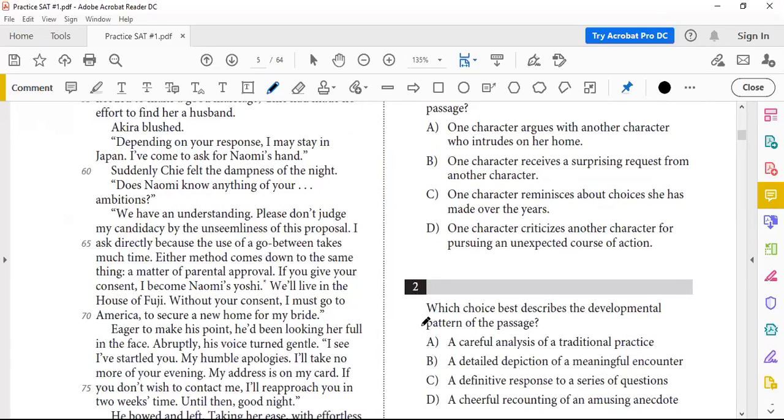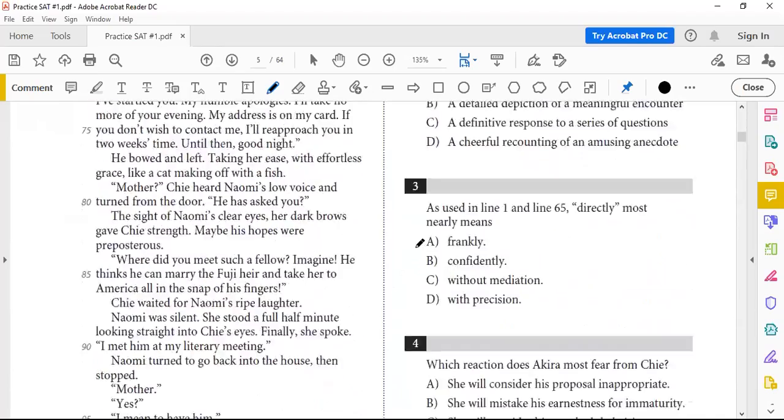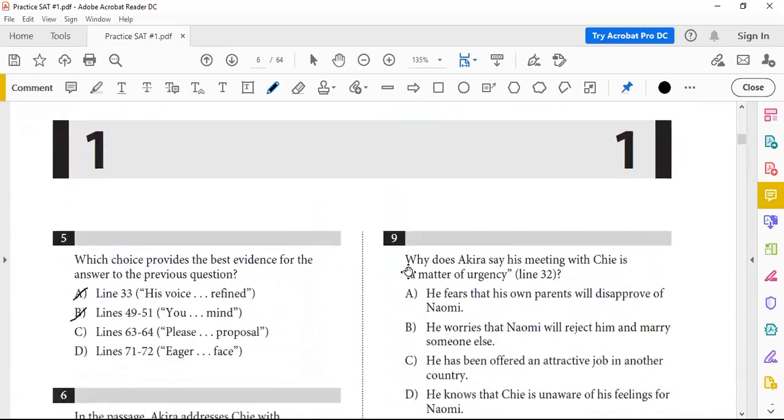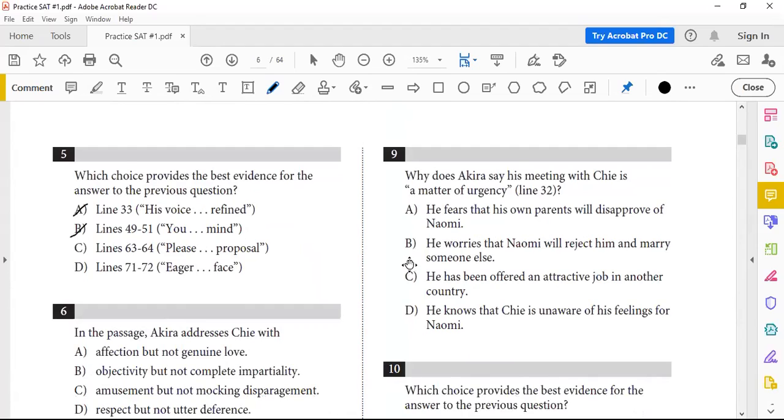Now that one could be it, because that's Akira saying, please don't judge my candidacy. So please don't judge me. Akira is afraid that Chai will judge him. So that is a reaction from Chai that he is afraid of.